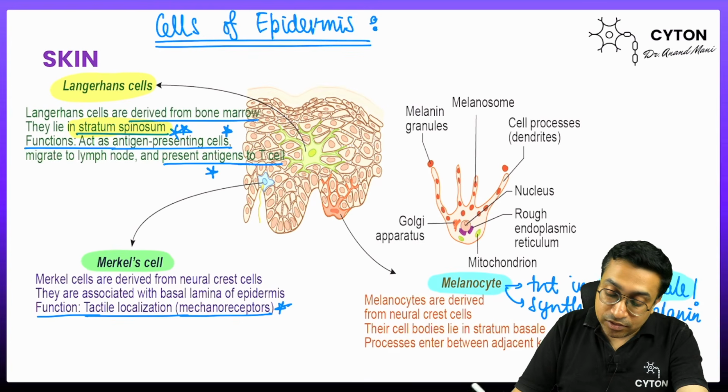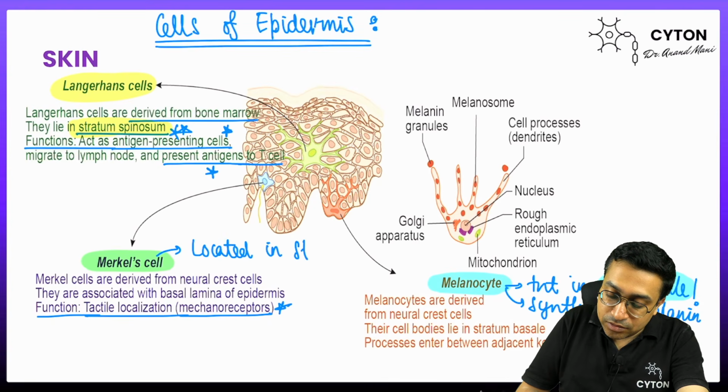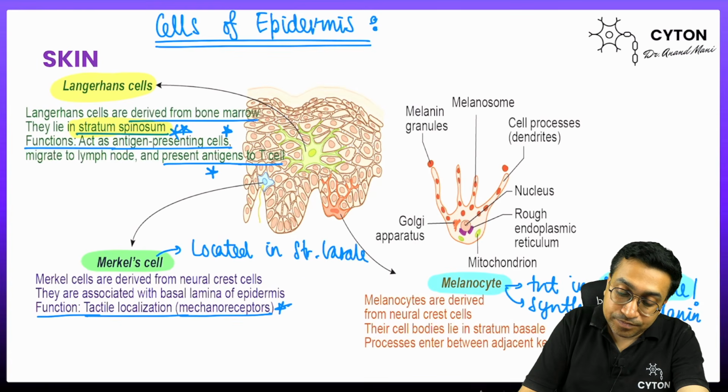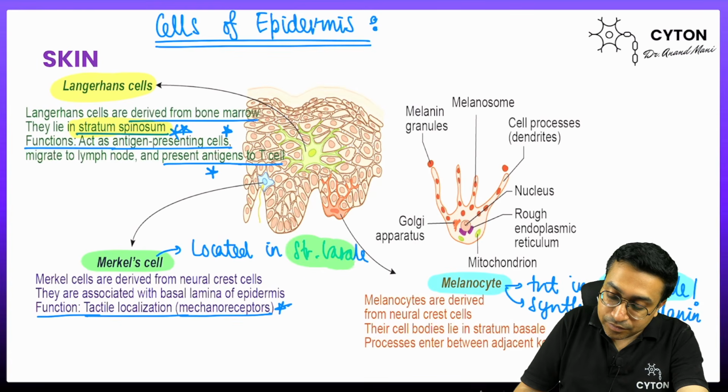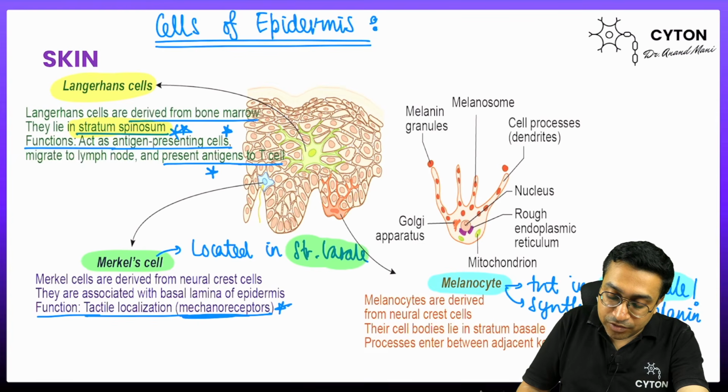They are located in the stratum basale, and Merkel cells are the mechanoreceptors.